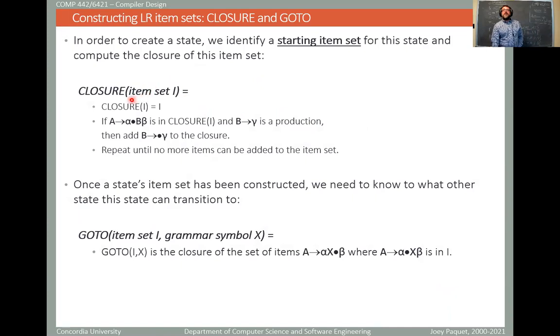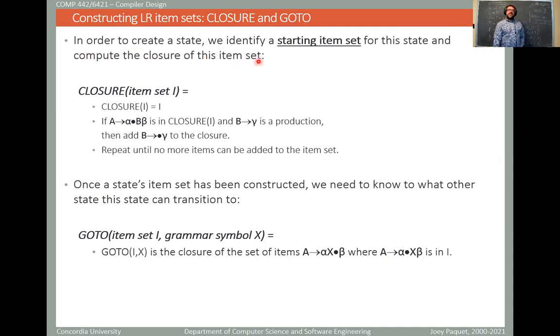Okay, so here, two important concepts are the closure and the go-to. The closure is what you use to determine the item set of a state, whereas the go-to is what you use to determine the meaning of a transition from one state to another.